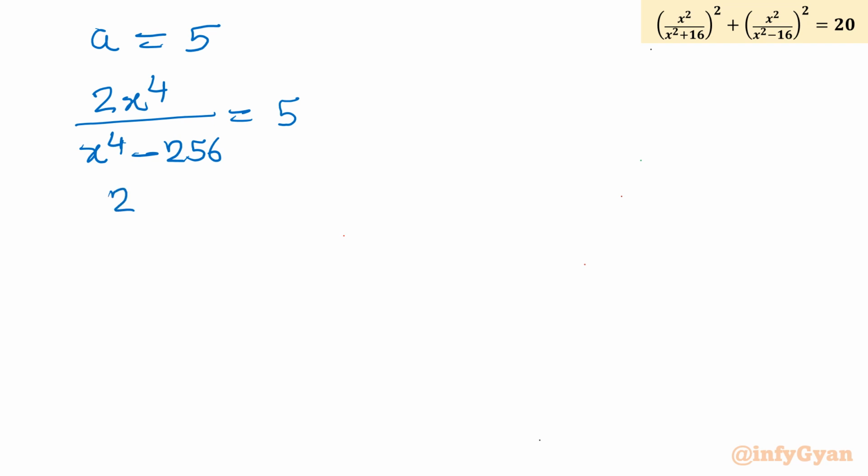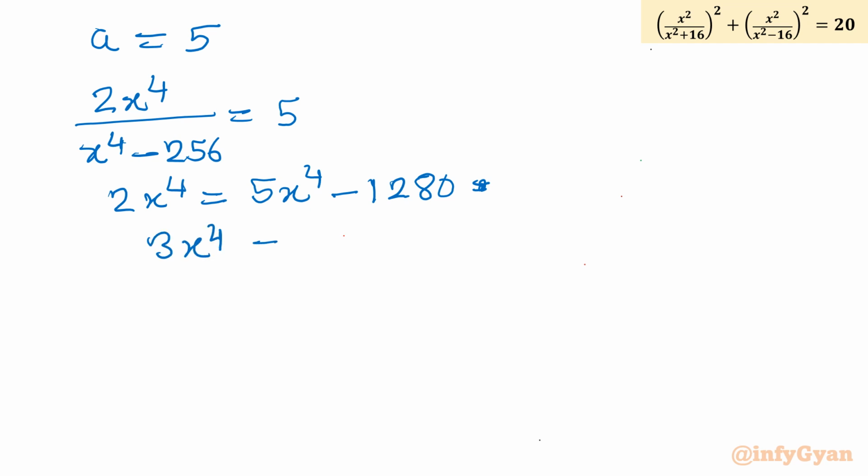So I will write 2x power 4 equal to 5 times (x power 4 minus 256). So it would be 1250 plus 30, 1280, equal, no, equality is already there. So now take 2x power 4 to the right and minus 1280 to the left. So I can write 3x power 4 equal to 1280. So x power 4 will come out 1280 over 3.